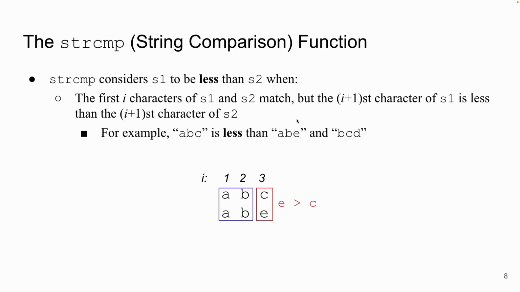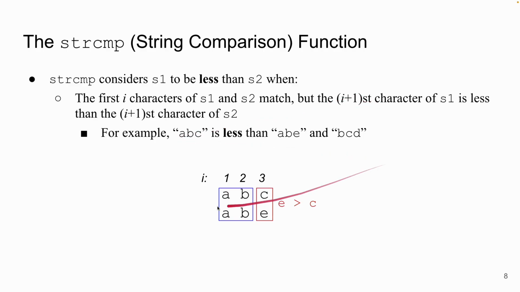By match, I mean the same. If the first i characters of S1 and S2 match, just like the example here: I want to compare ABC with ABE, and the first two characters A and B match, right? However, if the i plus 1 character of S1 is less than the i plus 1 character of S2, then we say S1 is less than S2.